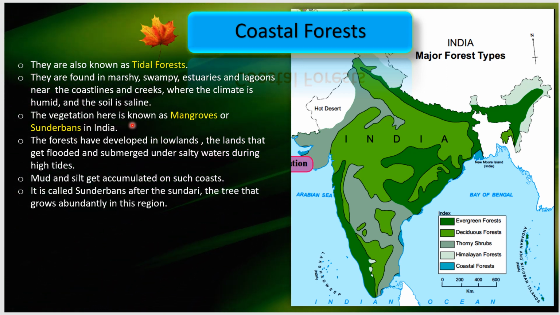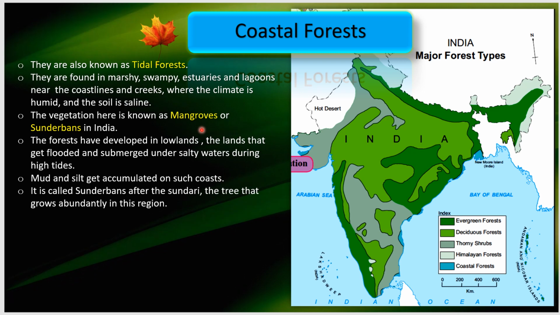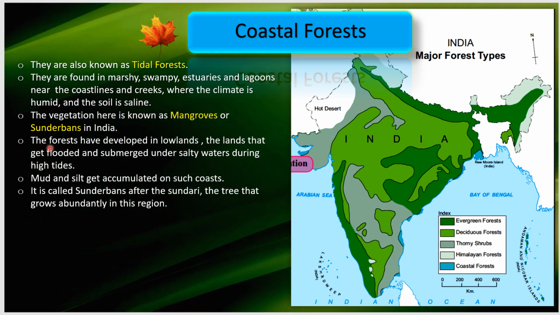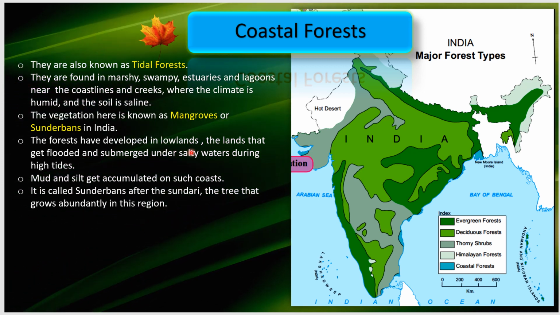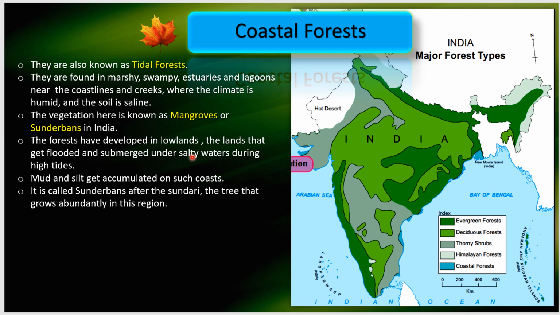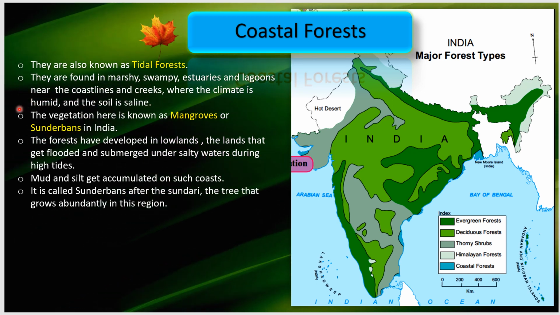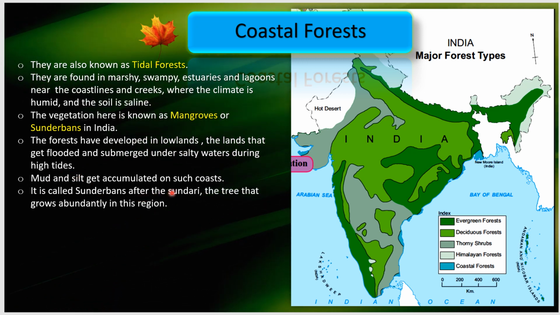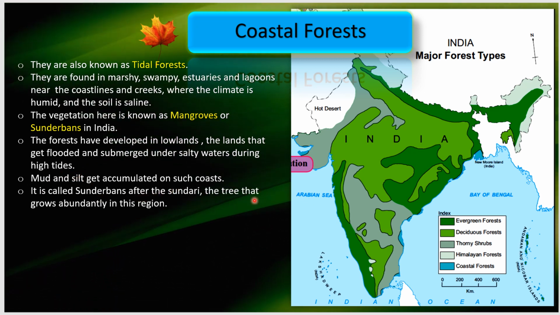The vegetation here is known as mangroves or Sundarbans in India. The forests have developed in lowlands, the lands that get flooded and submerged under salty waters during high tides.